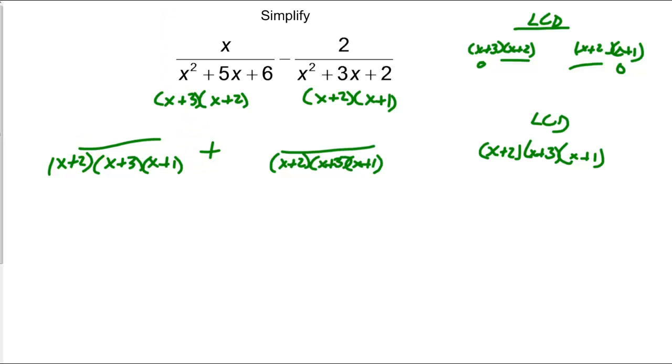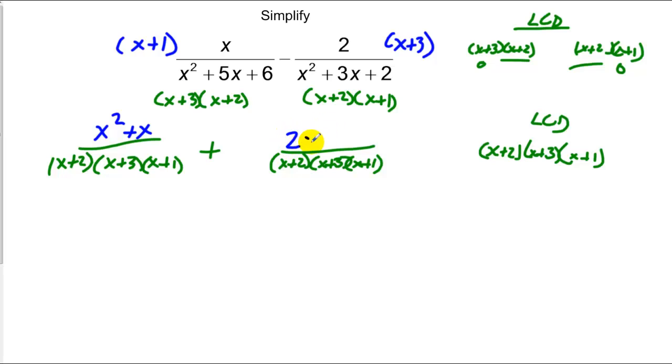And now once again ask, how did I get from this first denominator to the second denominator by multiplying? You'll see we're missing the x plus 1 in this first case, and in the second case we're missing the x plus 3. These will need to be multiplied by the numerator term, so this gets me x squared plus x.